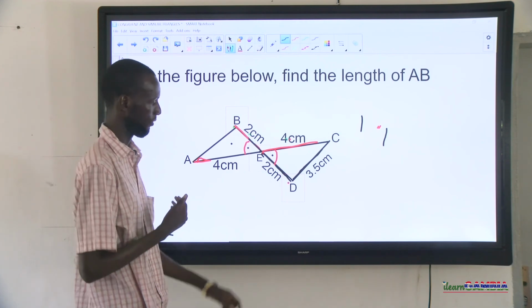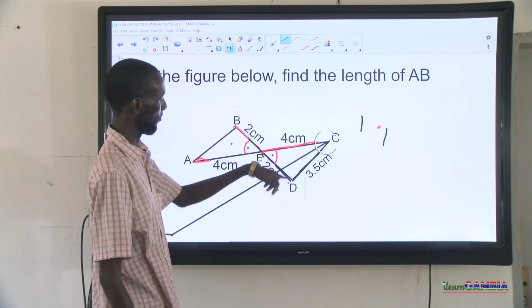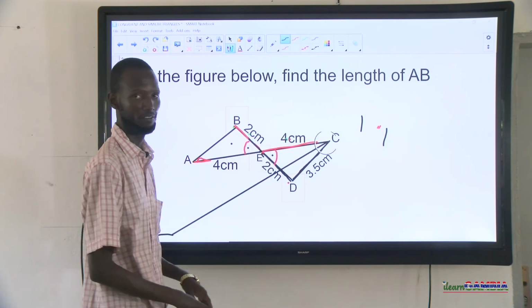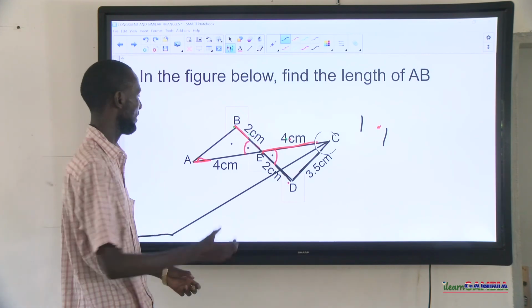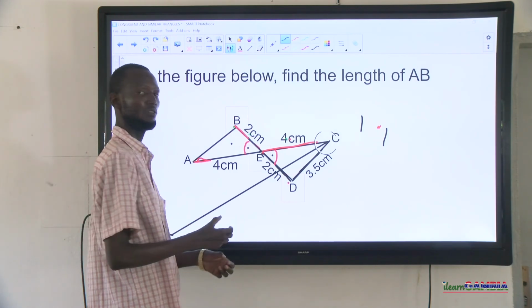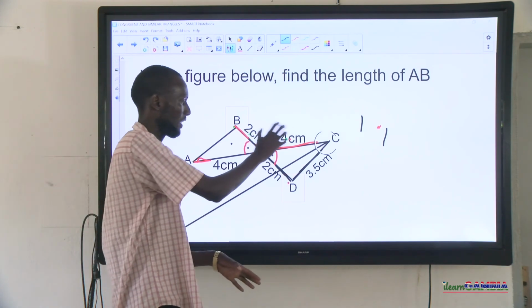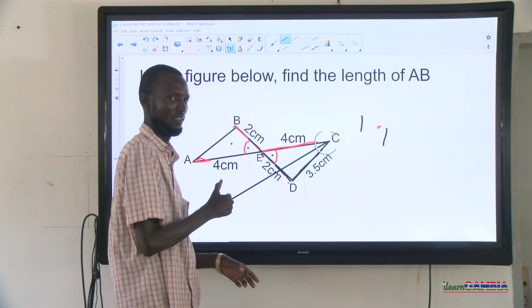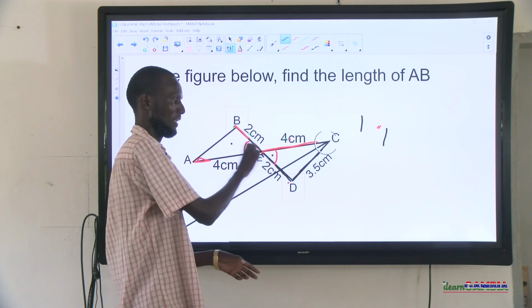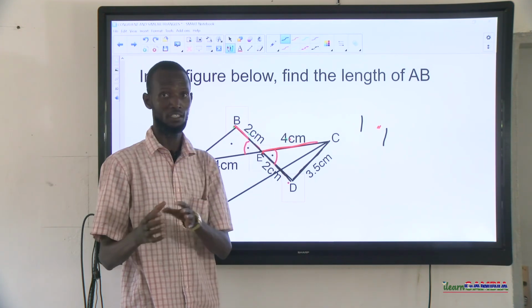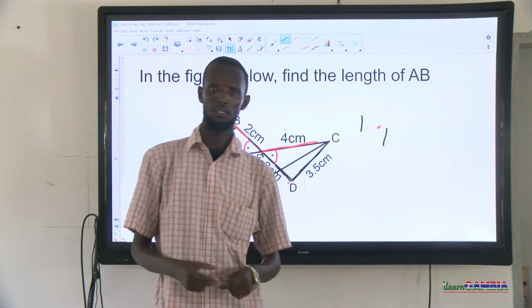So if DC or CD is 3.5 centimeters, we can conclude that AB is also 3.5 centimeters. So you can see through careful analysis of the diagram, we can easily solve a problem like this if we can prove that the two triangles are congruent.